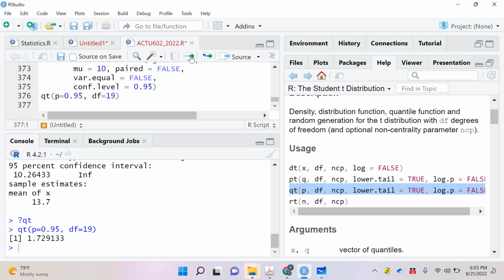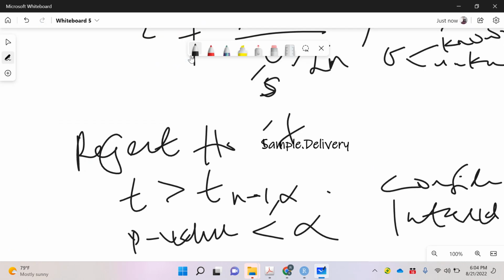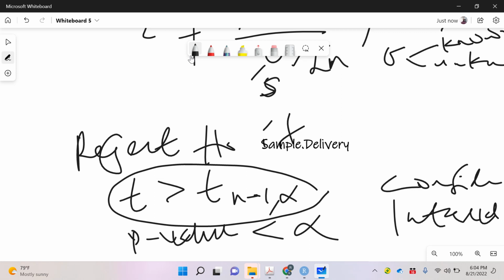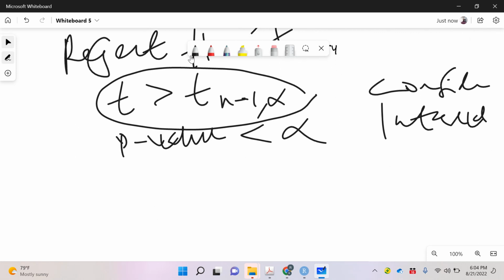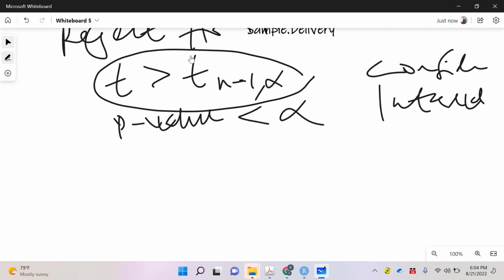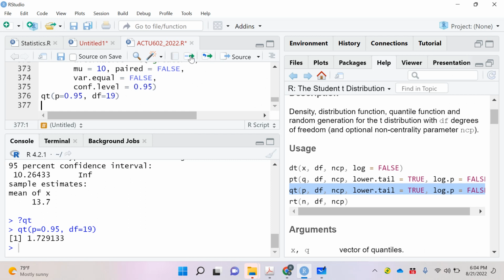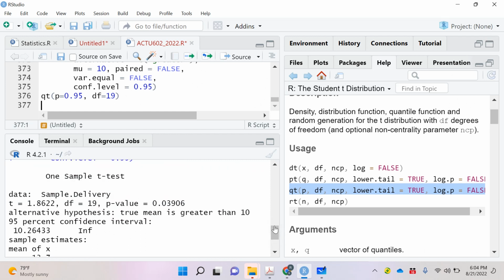It's 1.72, right? So if I come here, what am I going to say? Remember, the T that I computed in R, you see in your results, T is 1.86, isn't it?